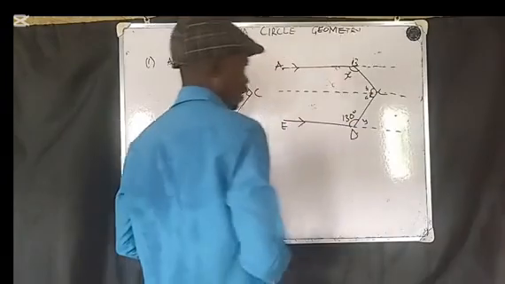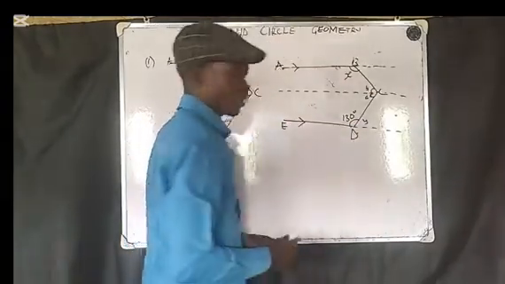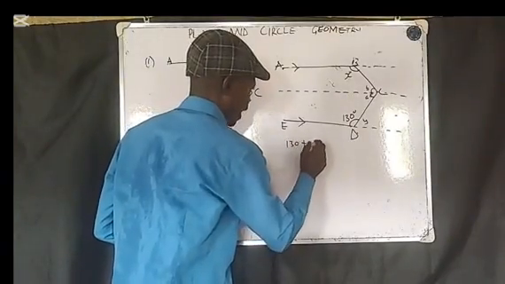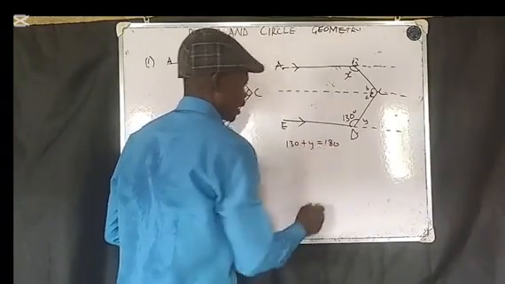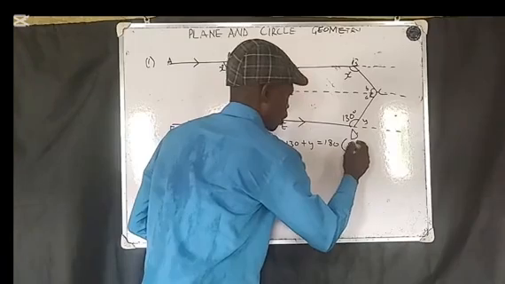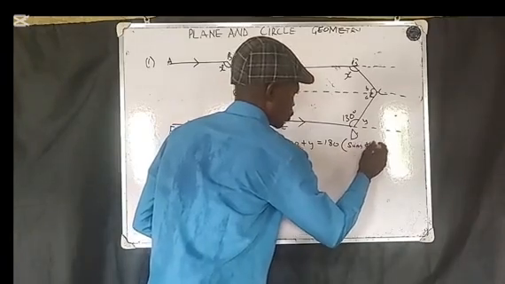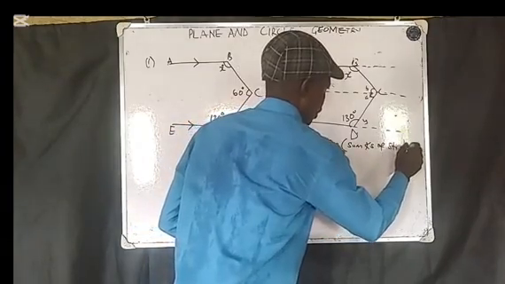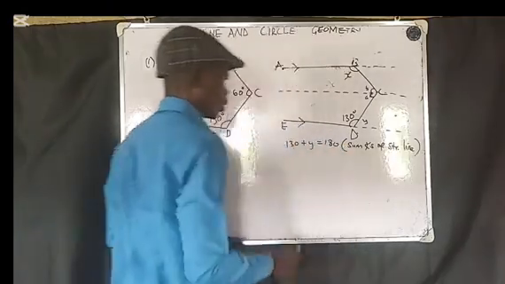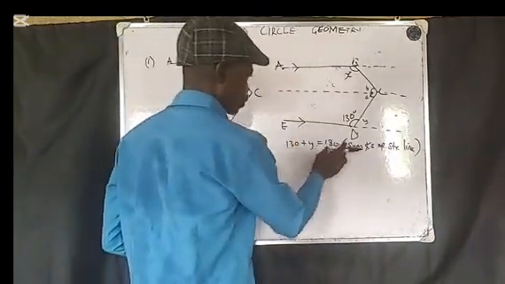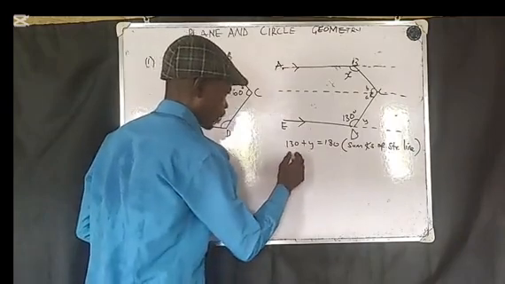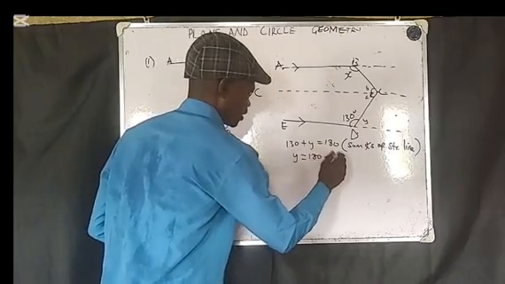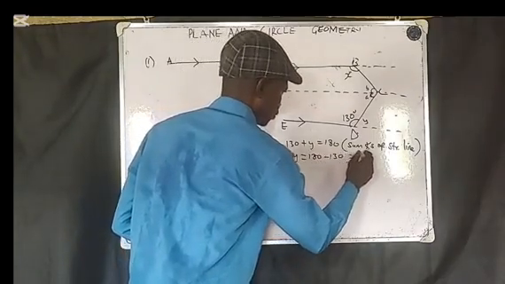At this point, this 130 and Y are on a straight line. So we'll be correct to say 130 plus Y equals 180, and our reason is sum of angles on a straight line. If this plus this equals 180, that means Y equals 180 minus 130, and that will give us 50.